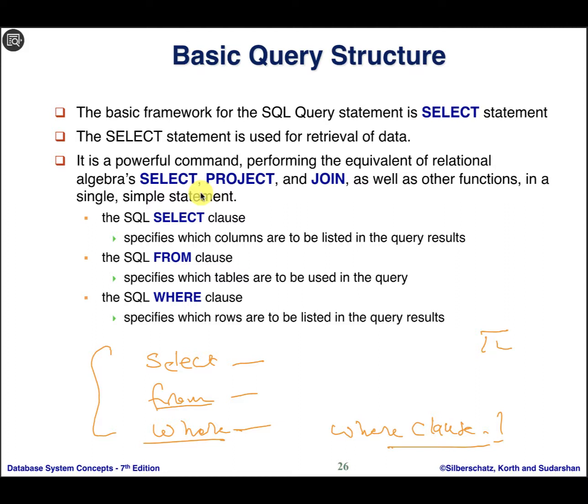It allows me to specify which tables or relations I want to access in order to get the data I'm looking for. And when you access the data, you have to tell me whether you're going to use Cartesian product, natural join, theta join, left outer join, right outer join, whatever. All of them are specified in the from clause.